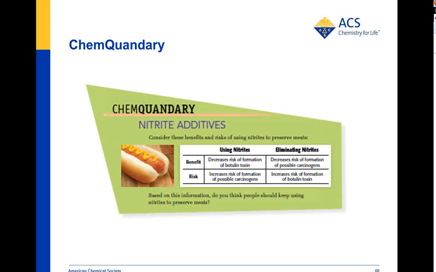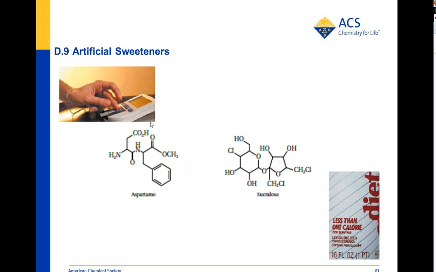Okay, next one. Here we look at artificial sweeteners, and one of the things that you might ask students to look at is to compare the structure of sucralose and the structure of sucrose, and let them compare the two, and suggest to them that one of the things chemists do when they're trying to find a substitute, an artificial sweetener, which will be good if you're on a diet, is take a look at the structures of a molecule that might possibly be used as a substitute.